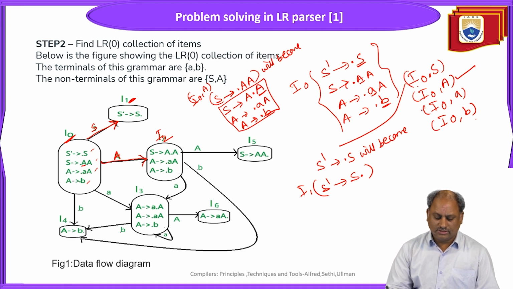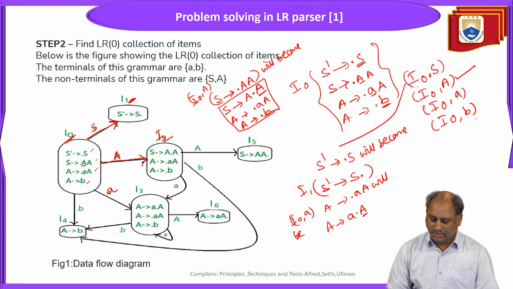And if you consider this small a, what is the result? Now if you consider small a, that is I naught comma a, the production A derives dot A will become A derives small a dot A. But here after the dot, once again a variable appears.